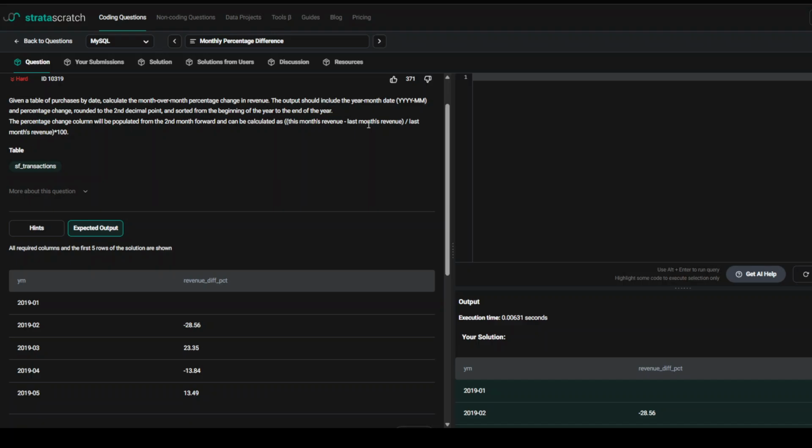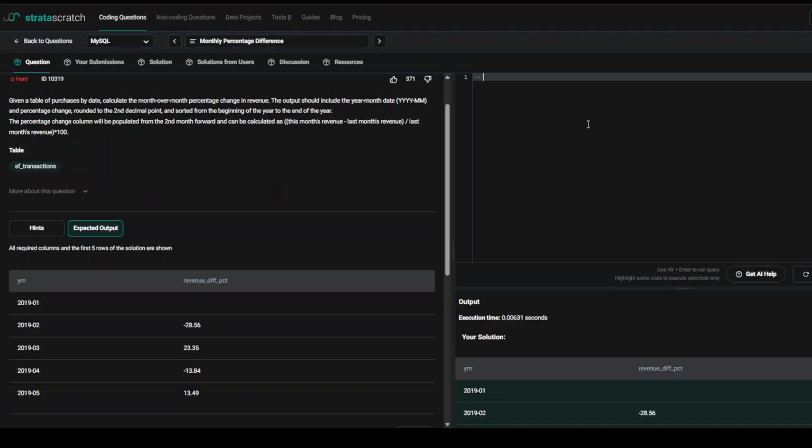Secondly, this month's revenue minus last month's revenue divided by last month's revenue times 100 is pretty much the standard formula for calculating the revenue difference. It is not just related to this question, but overall in statistics or in economics, this is the standard formula that is used.